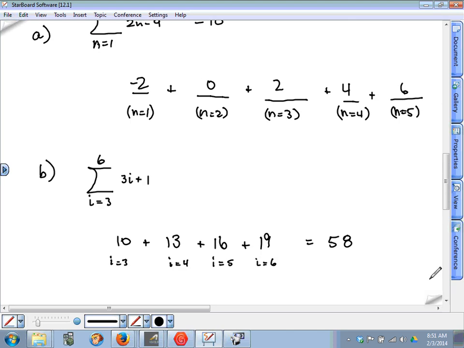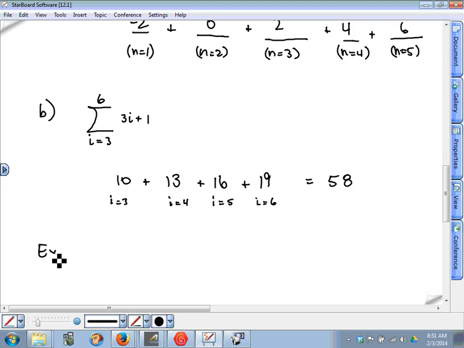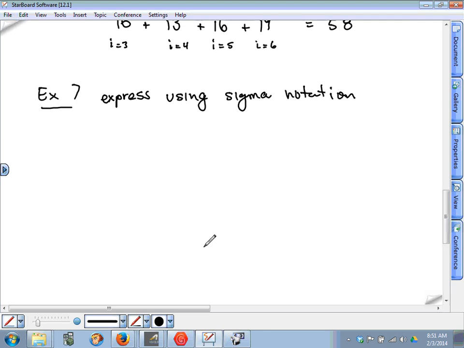Let's go the other way now. I'm going to give you a partial sum in this notation here, where it's already been expanded out. You need to go backwards and write it using sigma notation. So here's example 7. Express using sigma notation.